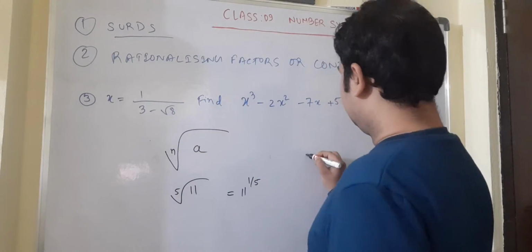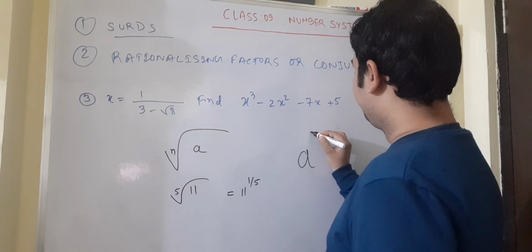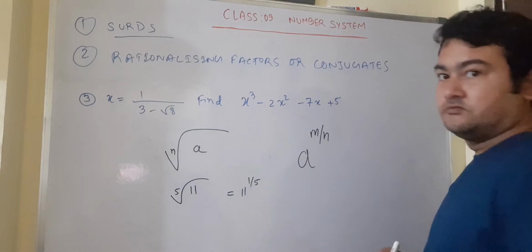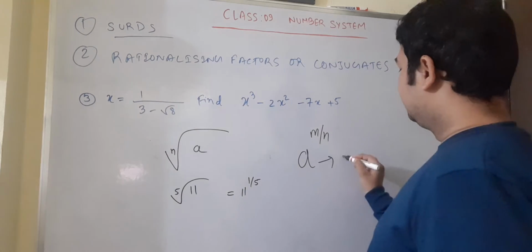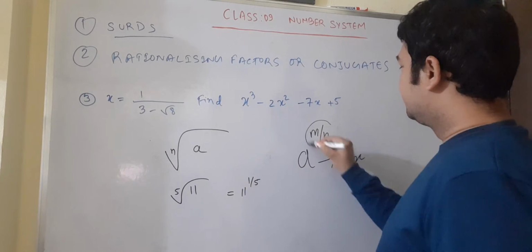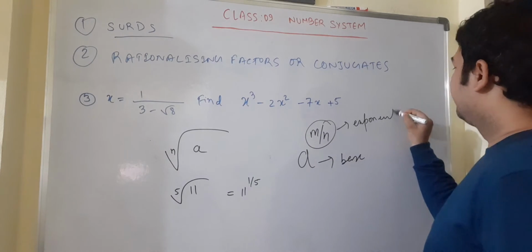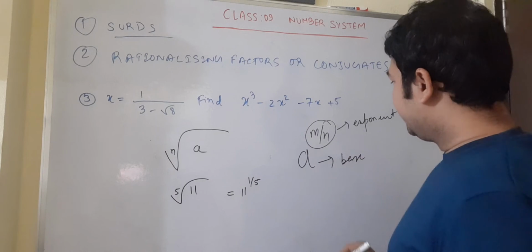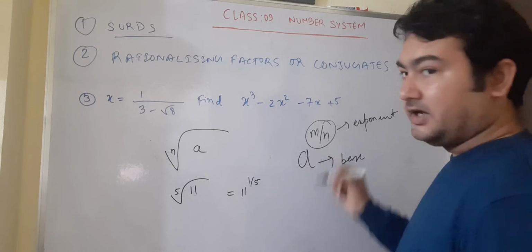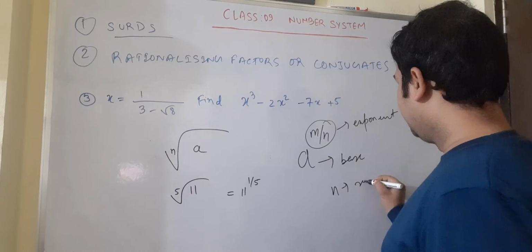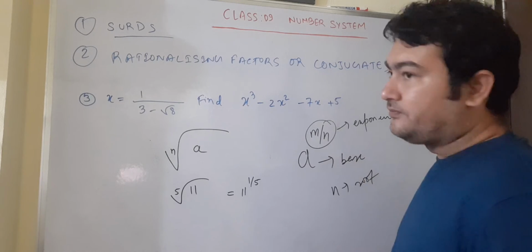When you have any number in the form of a to the power m by n, this is the base and this is the exponent, and when the exponent is expressed in the form m by n, then n is the root, the nth root, it is talking about.